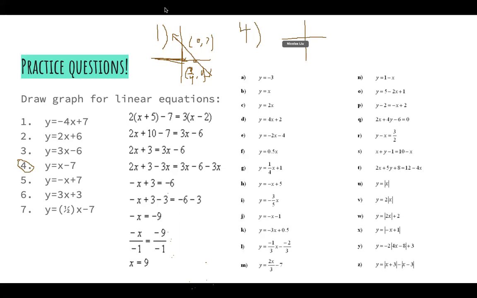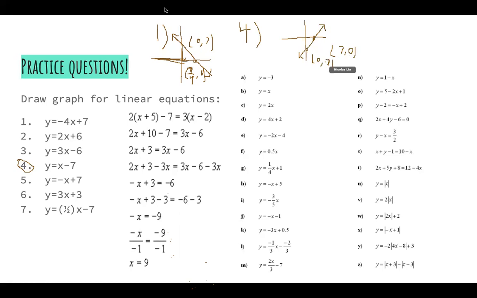So number 4 should look something like this. I'll label the 2 key points. One is the x-intercept, which is (7, 0), and the y-intercept, which is (0, -7).